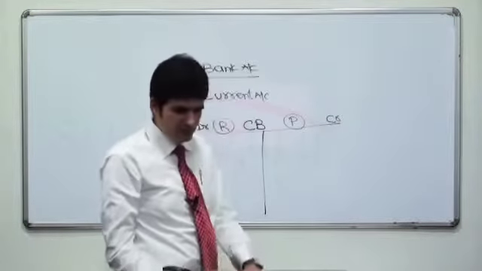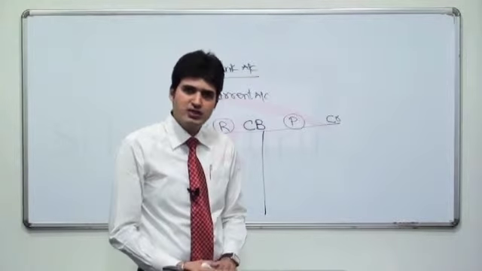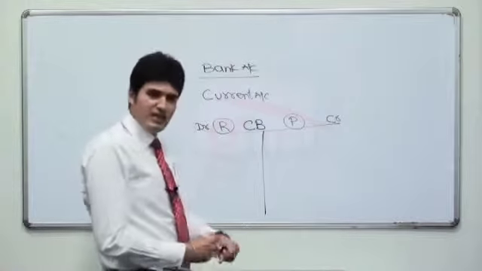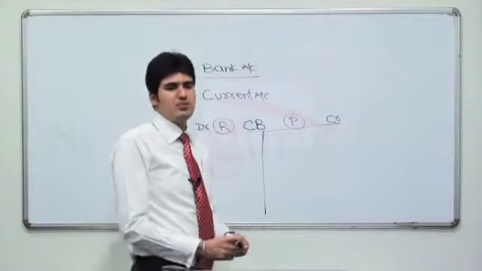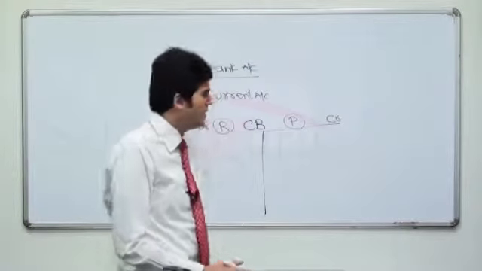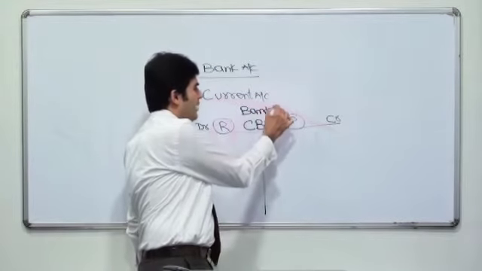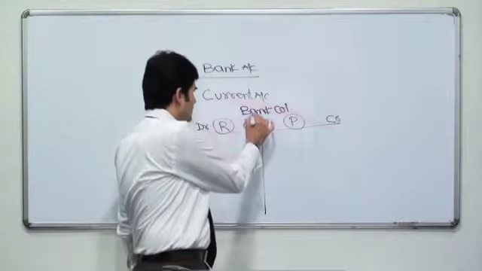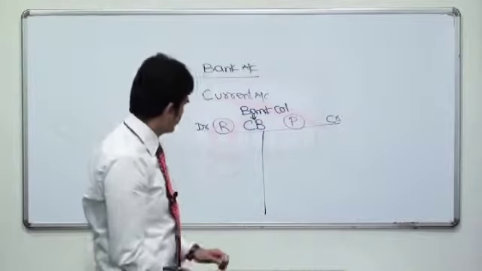So for this chapter, which book do we have to first refer to? We have to refer to cash book. And in cash book, which column is most important? As you know, triple column cash book has three columns: discount column, cash column, and bank column. But for this chapter, we will only be referring to the bank column of the cash book.